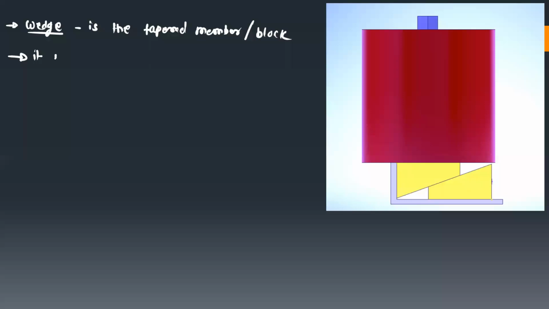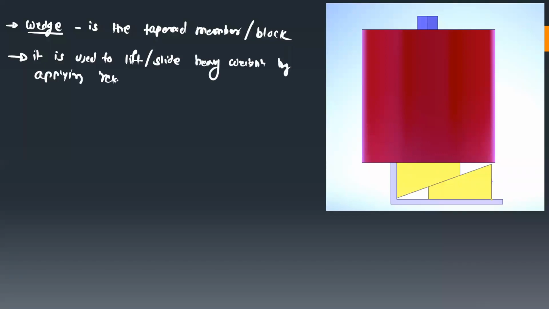It is used to lift or slide the heavy weight by applying relatively small effort. That means if you apply a small force on the wedge, you can lift the heavy load.